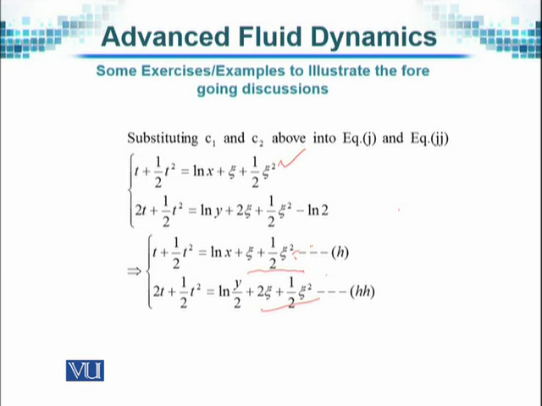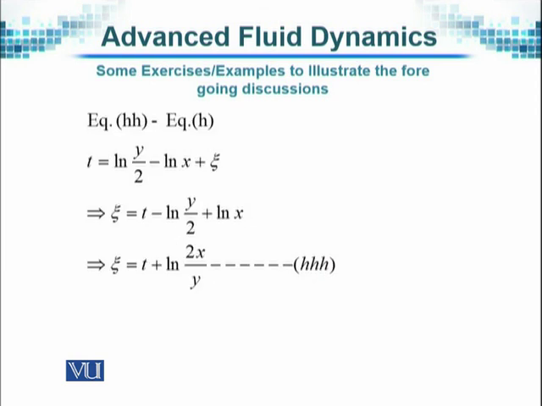But now we have an equation that involves time t, x, zeta, and of course in the other equation instead of x there is y. So from these two, we can again try to find an equation which may eliminate one of these variables. And from this we get t is equal to log of y over 2 minus log of x plus zeta.